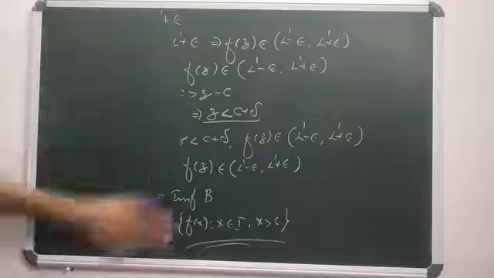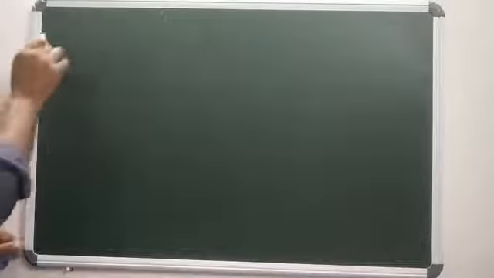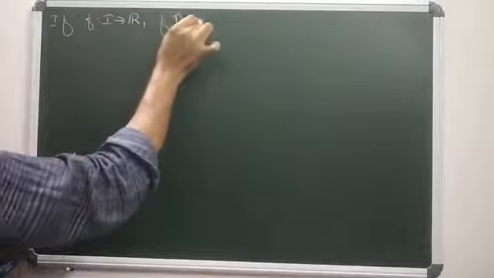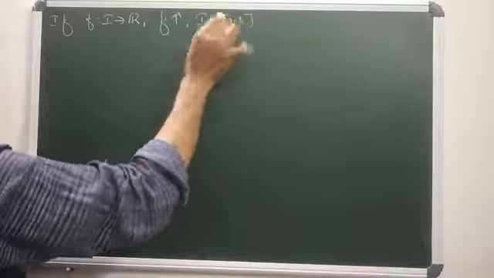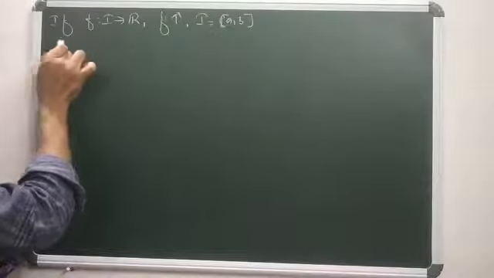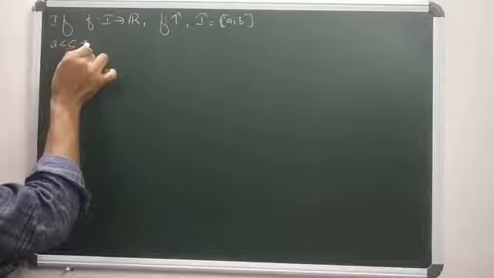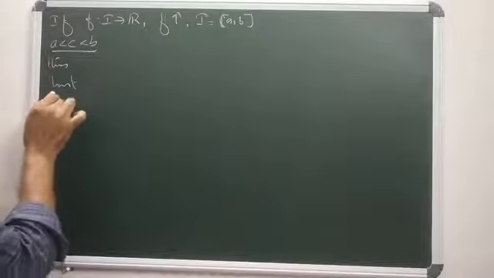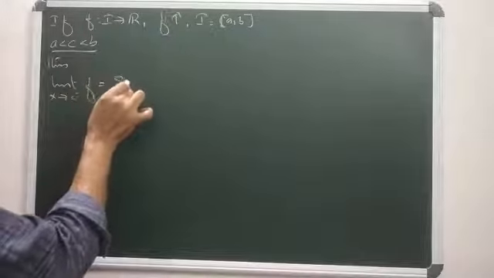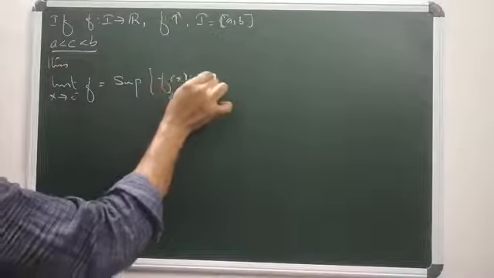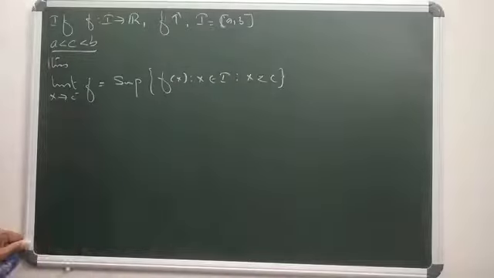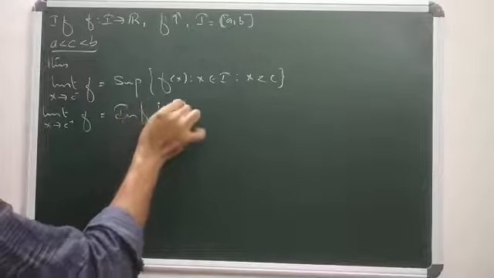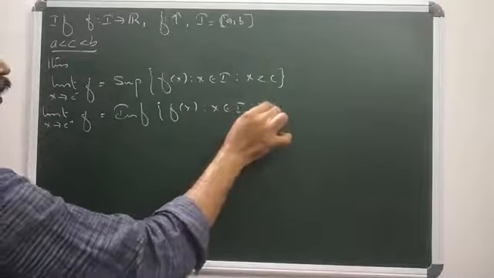This result shows that if f is from I to R, where I is an interval, and f is an increasing function, and c is not an endpoint of I, meaning c lies between a and b, then there are two results: the limit as x tends to c− of f equals the supremum of f(x) for all x belonging to I with x < c, and the limit as x tends to c+ of f equals the infimum of f(x) for all x belonging to I with x > c.